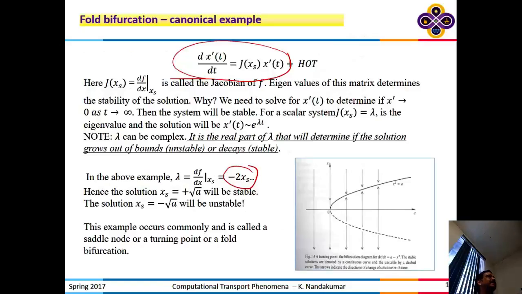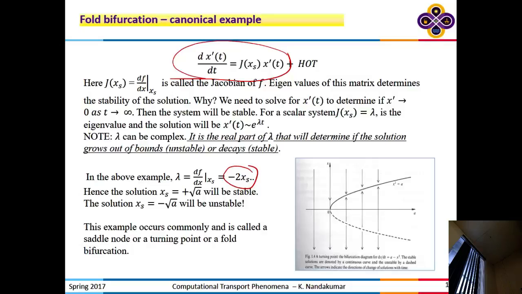But in this case, that itself is the eigenvalue because I have only one ordinary differential equation. If I have two, then I have two eigenvalues, and I need to solve an eigenvalue problem. Okay? So now I substitute xs. I have two solutions, right? One is plus square root of a, the other one is minus square root of a. So if I put x is equal to plus square root of a, then it will be stable because it's negative.